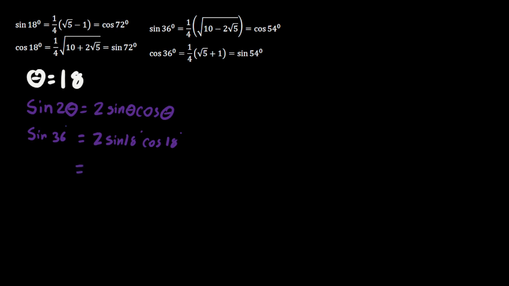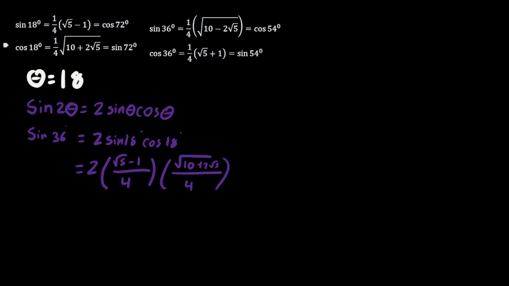Alright? So we can simplify this into 2 multiplied by root 5 minus 1 over 4, times square root of 10 plus 2 root 5 divided by 4. Right? Because I've just substituted in sine 18 and cos 18 into the thing.